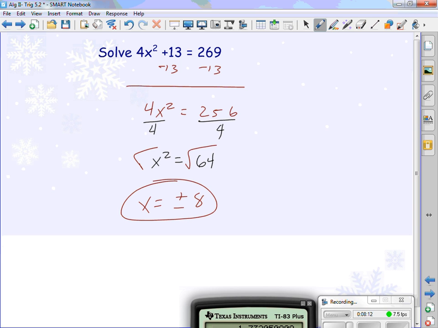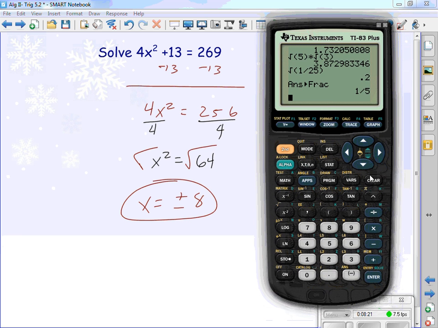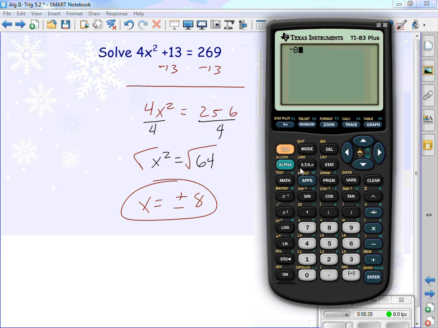Because I took the square root, I don't know if originally inside of that x was it positive 8 or negative 8. Just to show you, I'm going to take negative 8, store it in for x. 4x squared plus 13.